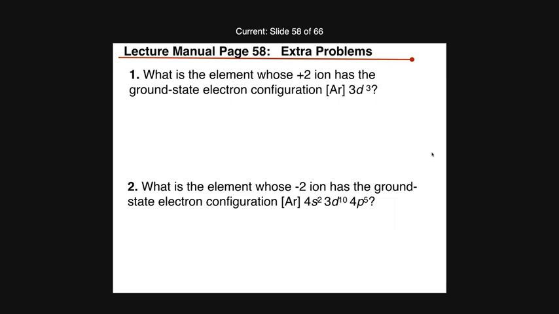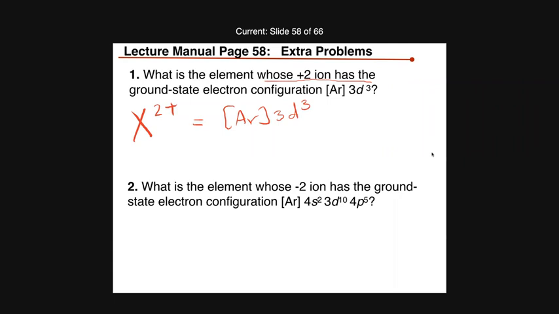So that means we don't know what element X is, but this element X with a 2 plus charge has the electron configuration of argon 3d3.